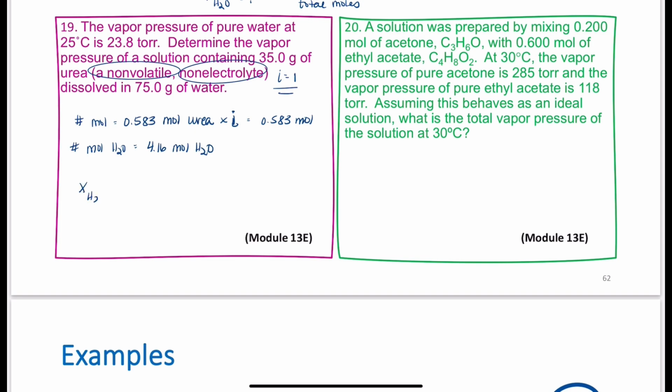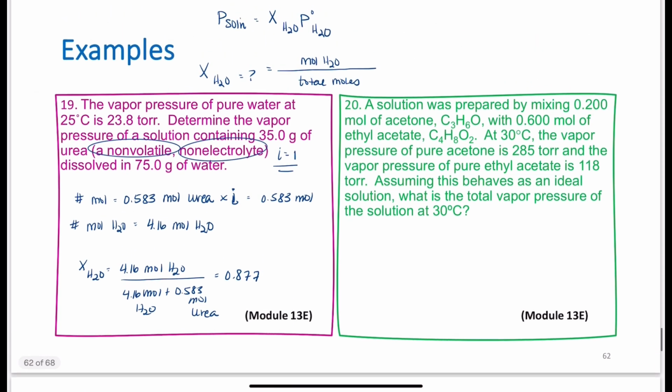My mole fraction of water is 4.16 moles of water, divided by the 4.16 moles plus the 0.583 moles, from water and urea. This gives me a mole fraction of 0.877.